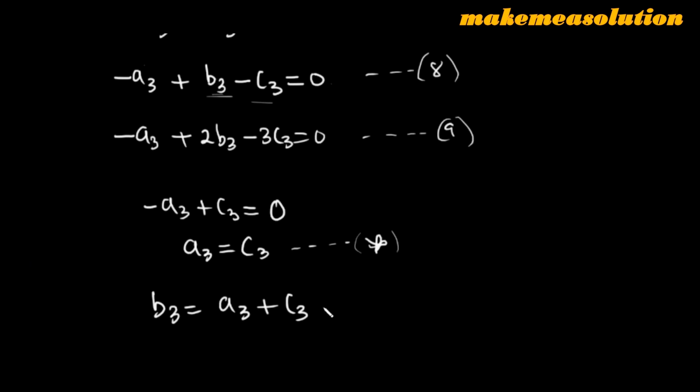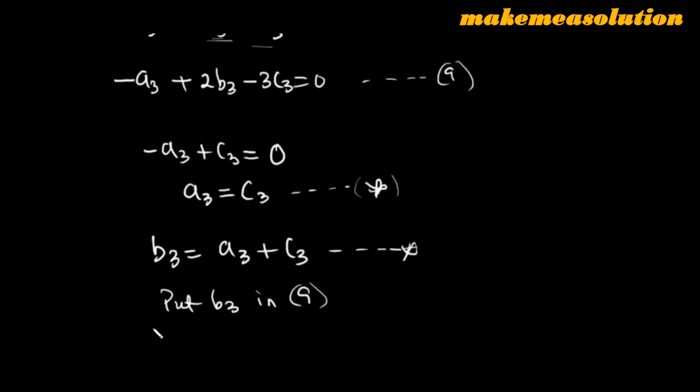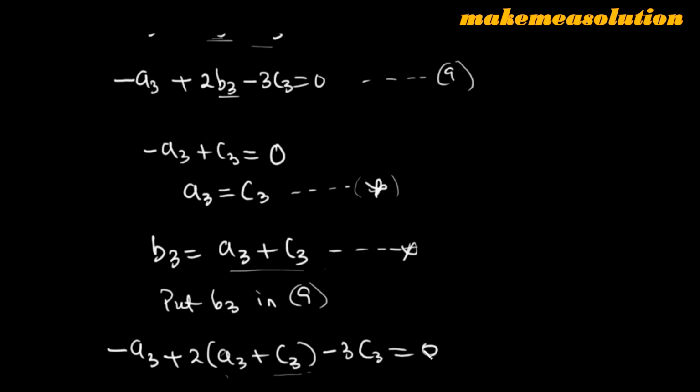Now that you've gotten this, you're going to put B3 in 9. When you put B3 in 9, you're going to get minus A3 plus 2 into A3 plus C3. Instead of 2 into B3, you've replaced it with 2 into A3 plus C3, then minus 3C3 equal to 0.